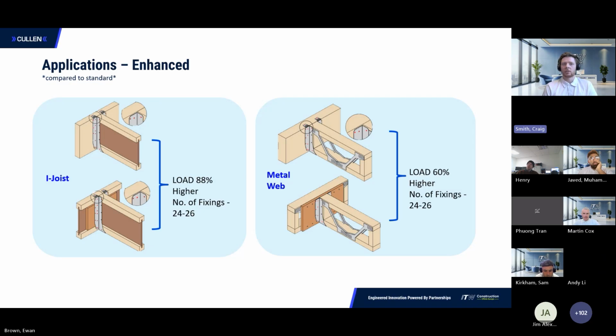With solid timber, it's pretty straightforward to add in those extra nails. With I-joists or metal web, we'll need to add some timber behind those nail holes. With the I-joist, we're looking at adding a backer block. And with the metal web, we'd be looking at putting in a gusset.